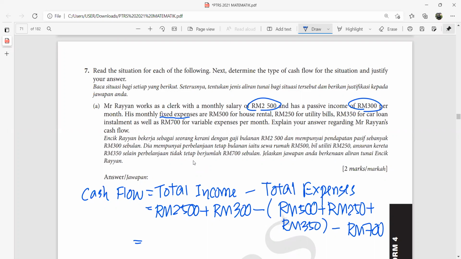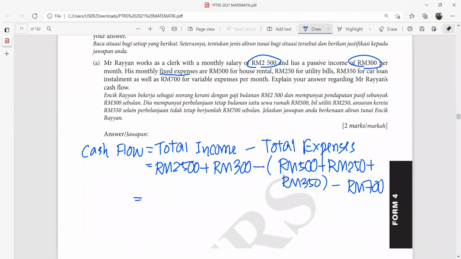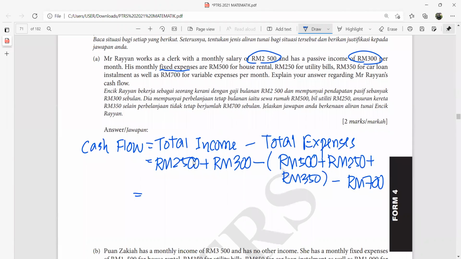We have fixed expenses and variable expenses, so perbelanja tetap dan perbelanja tidak tetap. What is your answer? And then you have to explain. You don't just give the answer without explaining.